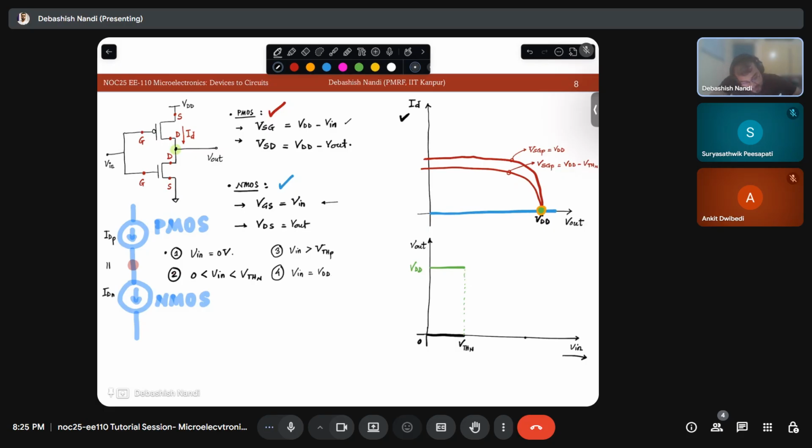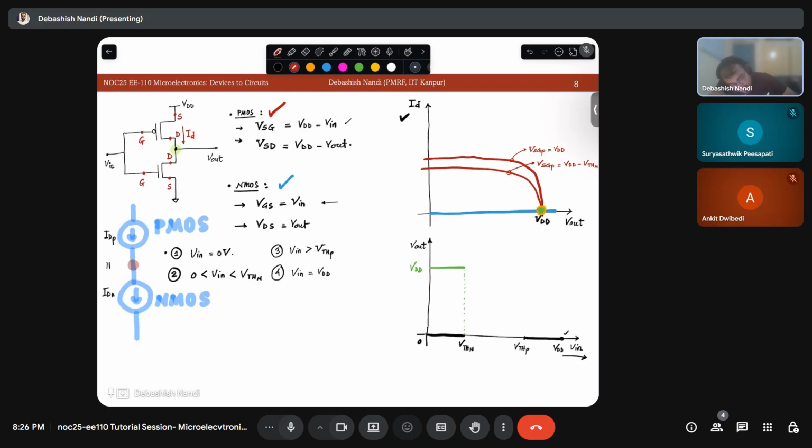So I am taking another case, this to this. So this is my VTHP and this is my VDD. So let us first consider this point, VDD. So if V in is VDD, what is VSG of PMOS? 0 volt.